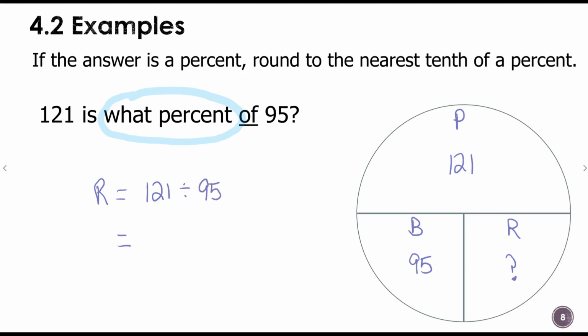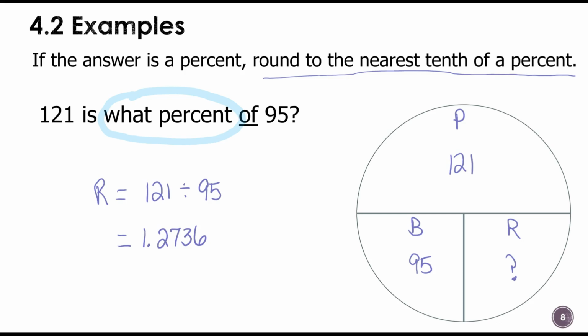And then that's going to give us a decimal number, and it's going to be over 100%. My decimal number is 1.2736. I'm sure there's more numbers out there. Notice this says we're going to round to the nearest tenth of a percent. It's important that we understand that rounding to the tenth of a percent is not the same as rounding to the tenths.